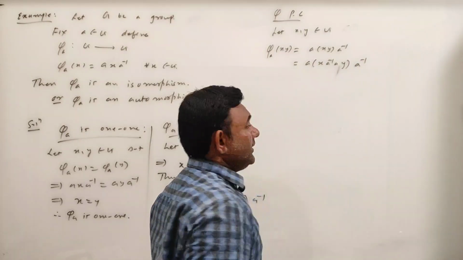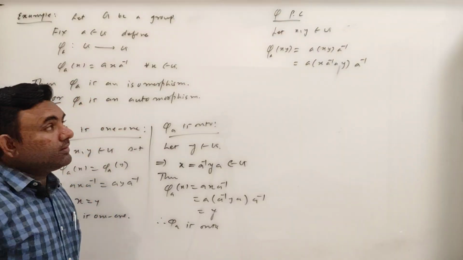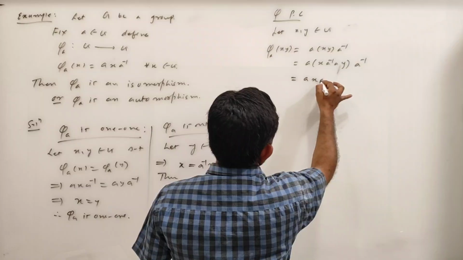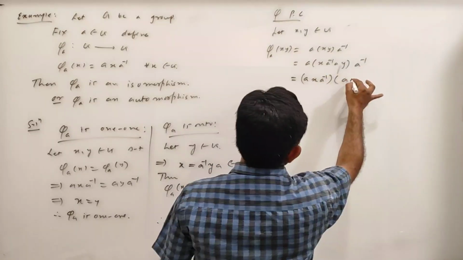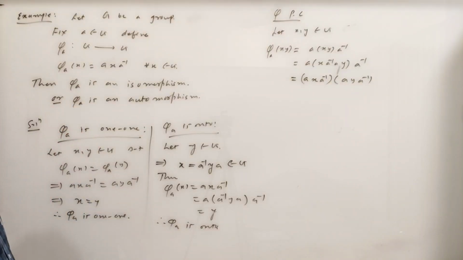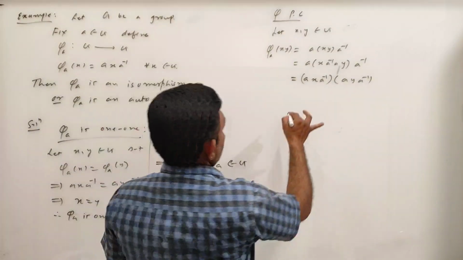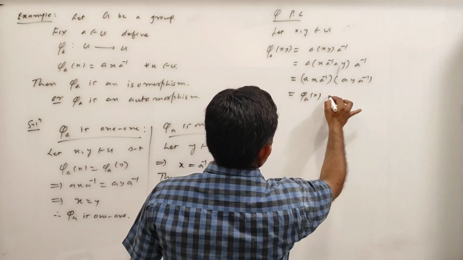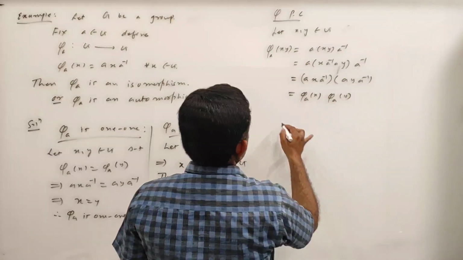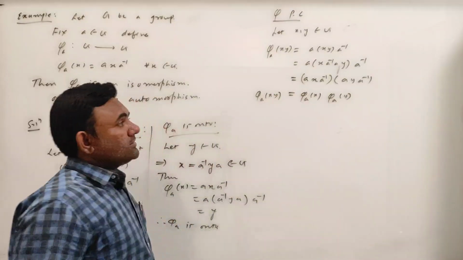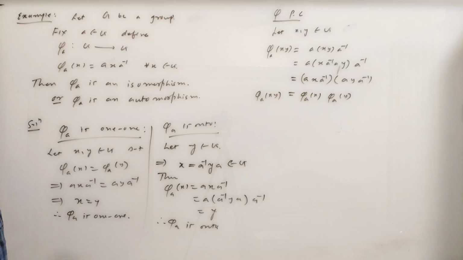A inverse A is identity, so it is simply x y, and we are in a group, so we have associativity. So A x A inverse, and you keep this A y A inverse, right? So this is what? It is phi A at x, and this, A y A inverse, is phi A at y. So phi A at x y is equal to phi A x times phi A y, right?